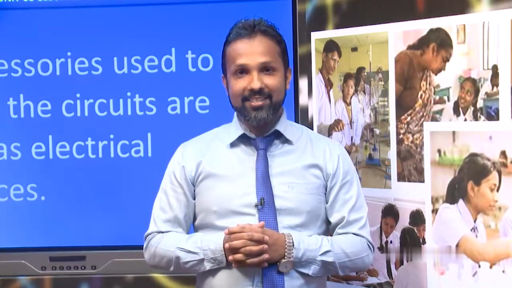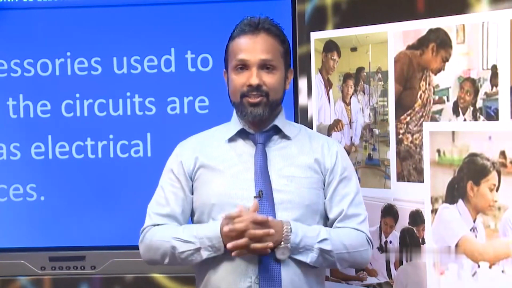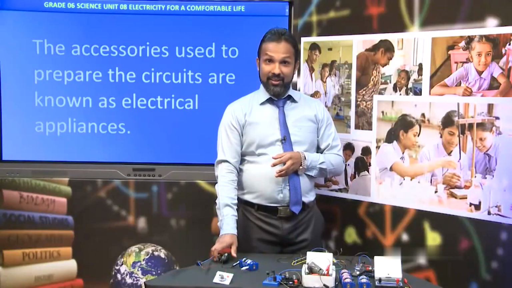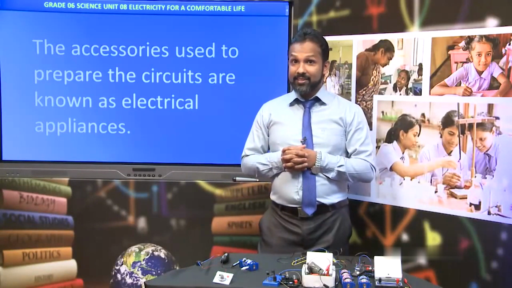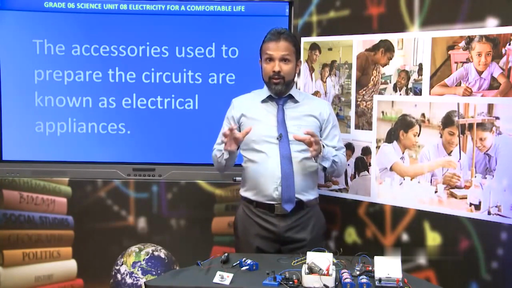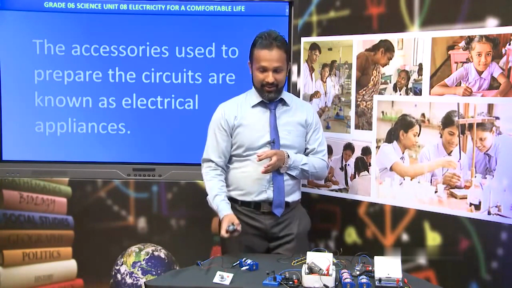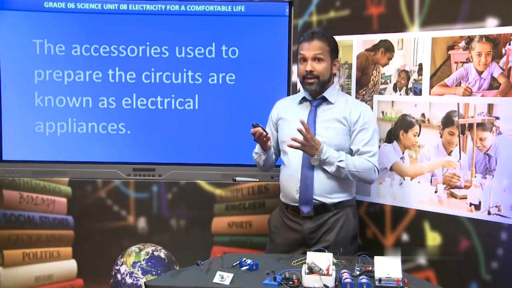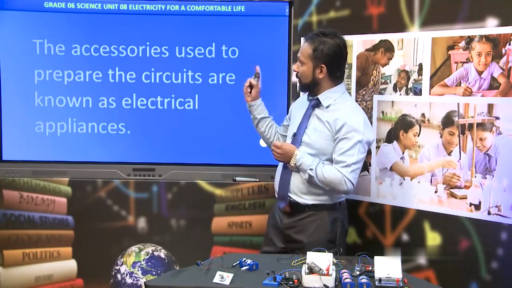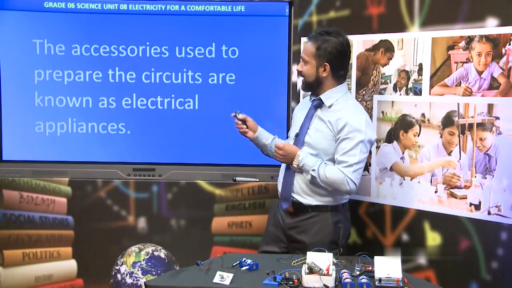Those are called electrical accessories or electrical appliances. Now, let's focus on these appliances that we use in our day-to-day life to prepare circuits. Here you can understand the meaning again. The accessories used to prepare the circuits are known as electrical appliances.